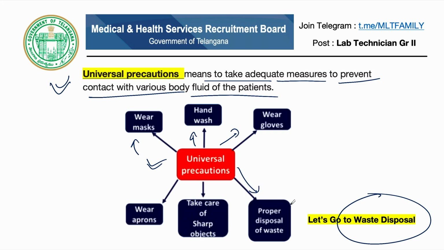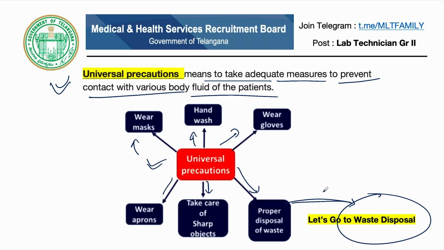Proper disposal of waste is one of them. We have to discuss it in detail because it is in our syllabus. Take care of sharp objects. You will get infected if you get cut or punctured by an infected needle or sharp. Okay, wear an apron while working in the lab or dealing with the waste.